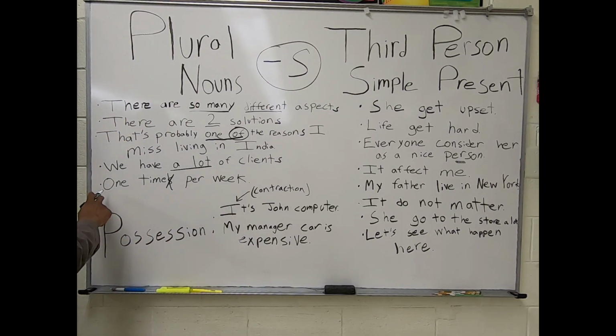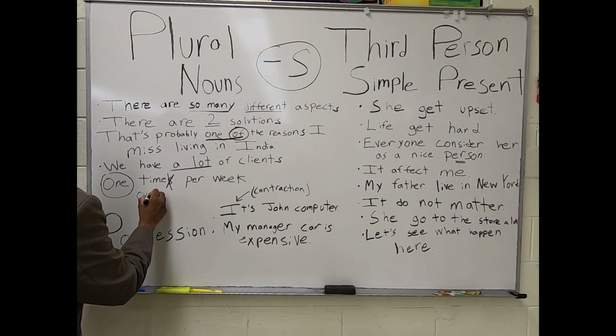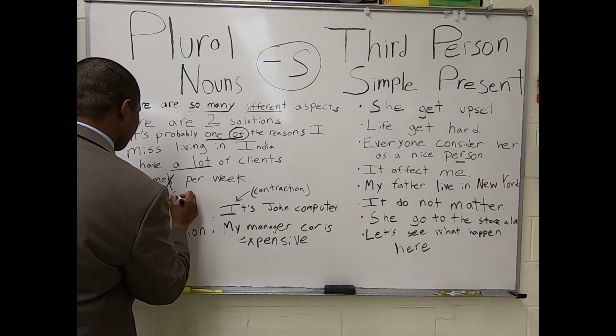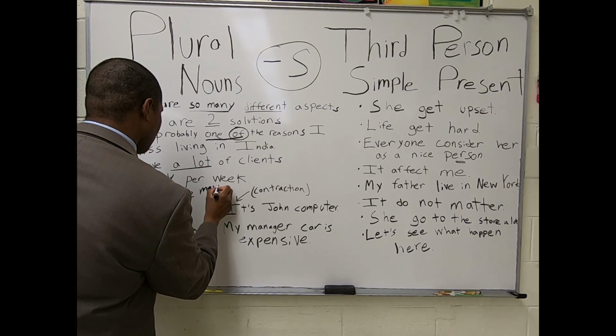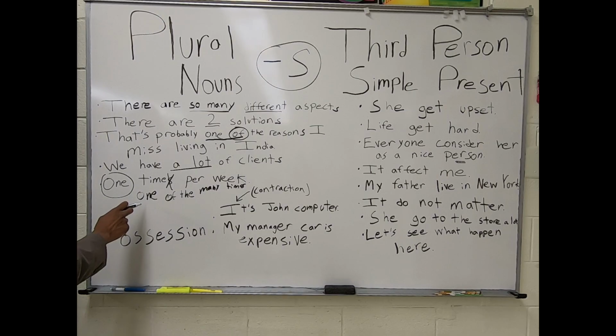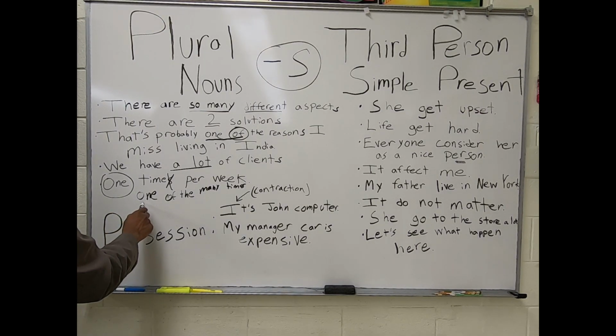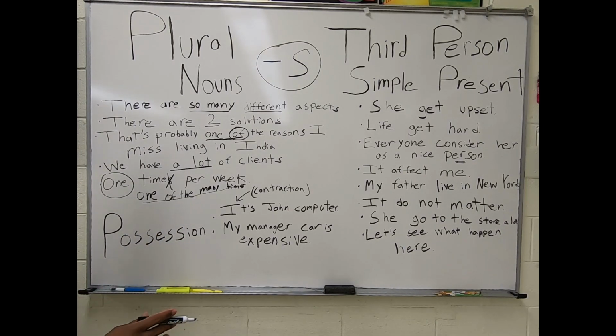No, because it's one, okay? We have to take off the S, make it singular. Now I can say something like one of the many times, okay? One of the many times, all right? I could say something like that.